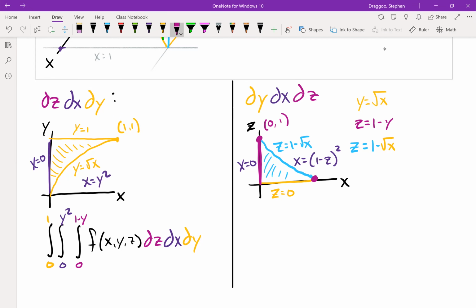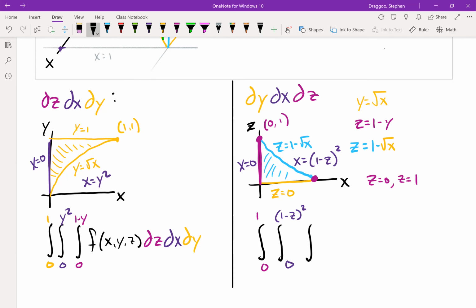So ultimately, our bounds should be, we have those x bounds already written out. The z bounds should go from z equals 0 to z equals 1. So if we put that triple integral back up, z from 0 to 1, x from 0 to 1 minus z squared. And finally, also a y boundary.